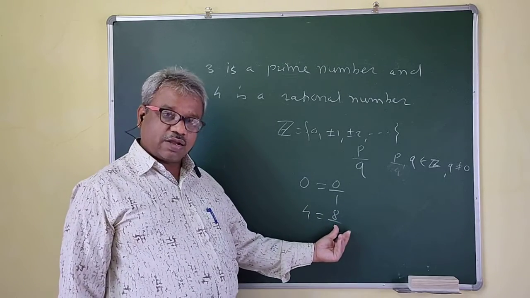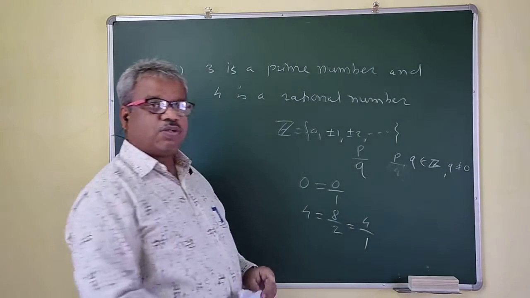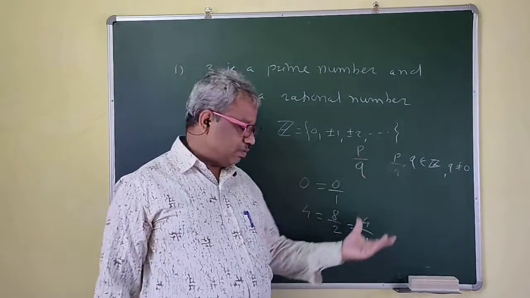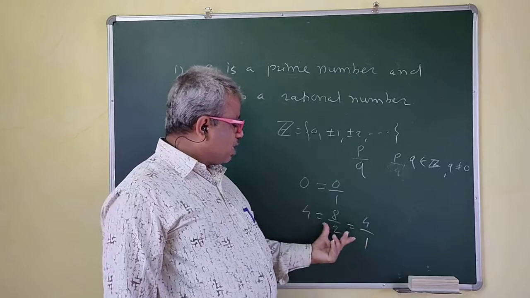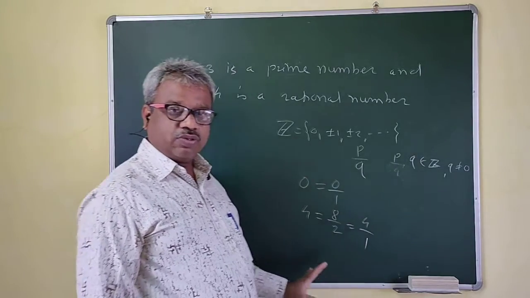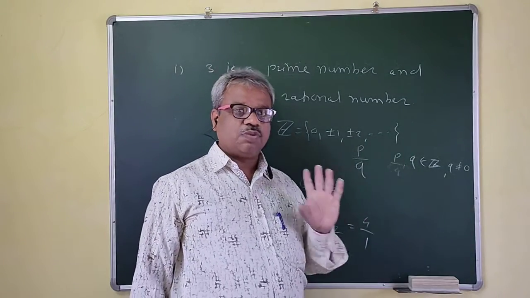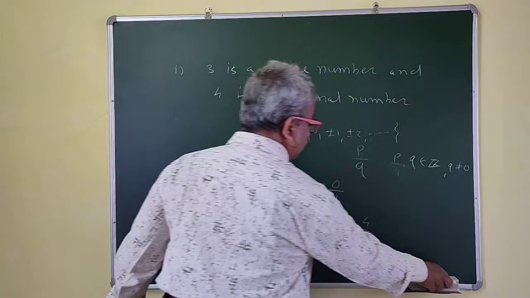I can write 8 upon 2, or I can write 4 upon 1, it doesn't matter. Everywhere in the denominator you can write 1. Both are integers and the denominator is not equal to 0. That means 4 satisfies the definition of a rational number, so 4 is a rational number.